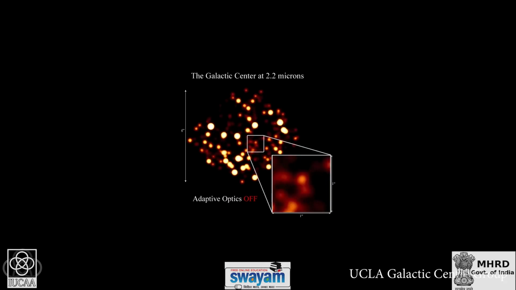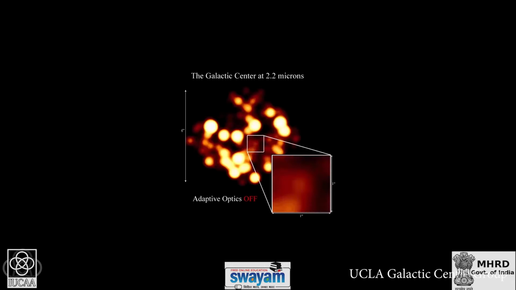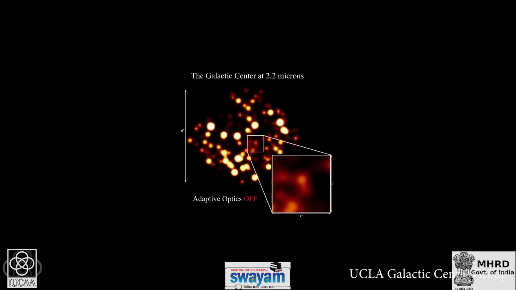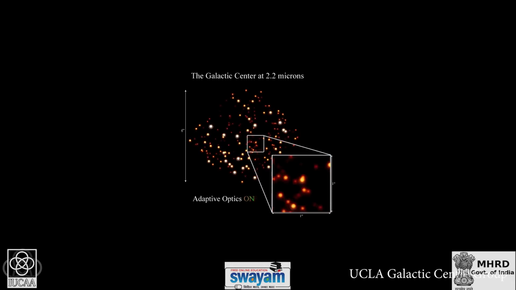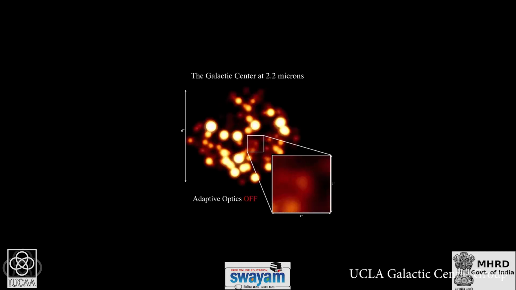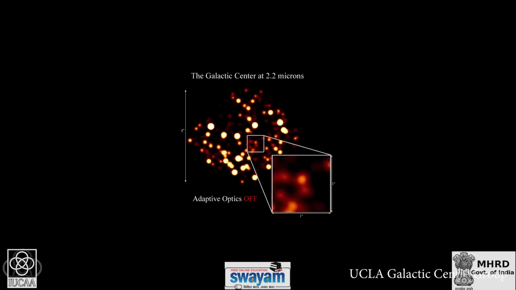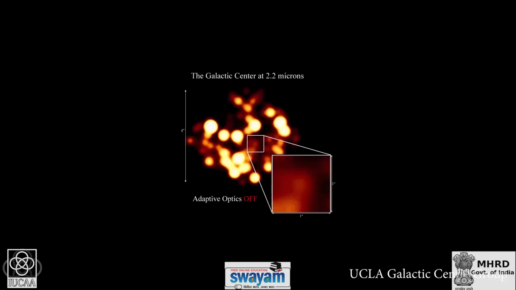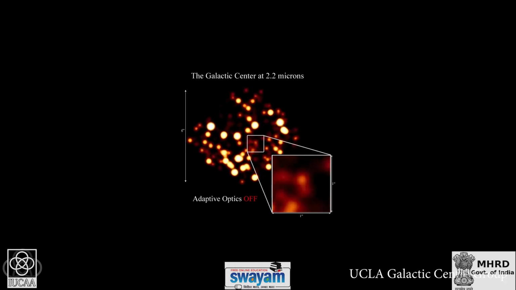Without adaptive optics, this new technology, it would be very difficult to measure the orbits of individual objects. Here in the center of this image, the square is where we think the black hole in the middle of our galaxy is. Of course, we won't see the black hole, we won't see any light coming out of it, but we are going to take the stars that are around the central black hole and measure the orbits.